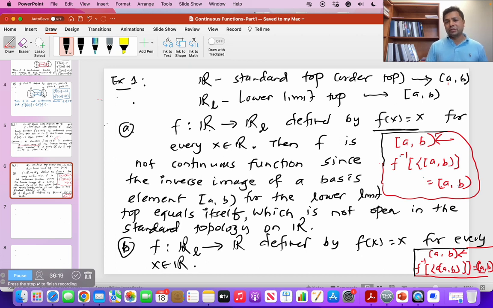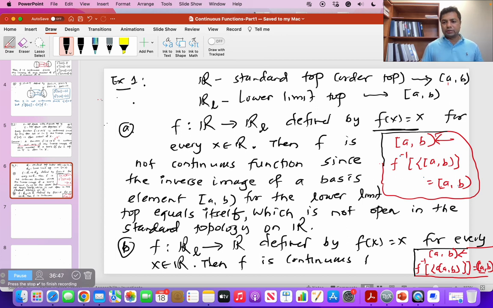If your function is from the standard topology to the lower limit topology, defined by the same relation, it is not continuous. But if your function is from the lower limit topology to the standard topology, then it is a continuous function, defined by this relation.